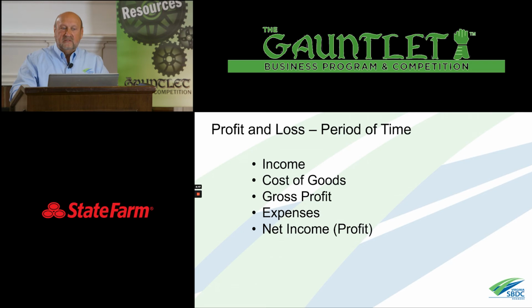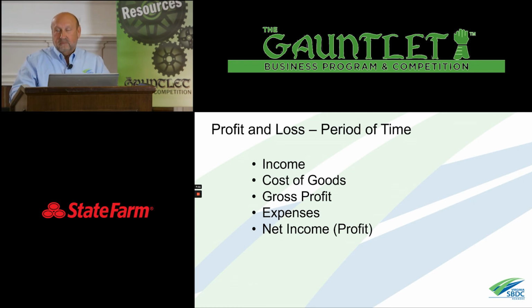What it's going to include is things such as your revenue, or your income coming in, and your cost of goods, which we just talked about, which was your variable cost. You subtract those out, and they give you your gross profit. Now you subtract your other expenses, which are mostly your fixed type of expenses. And whatever's left over is your net income, or your profit.